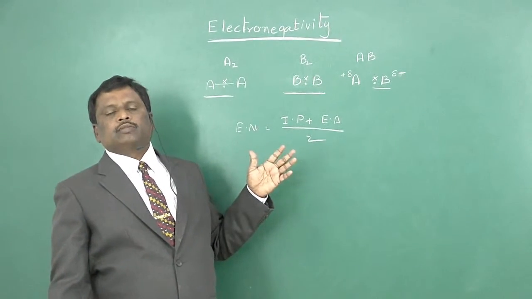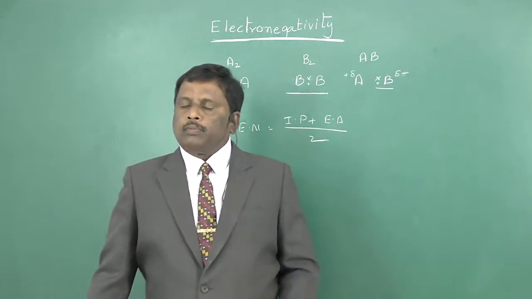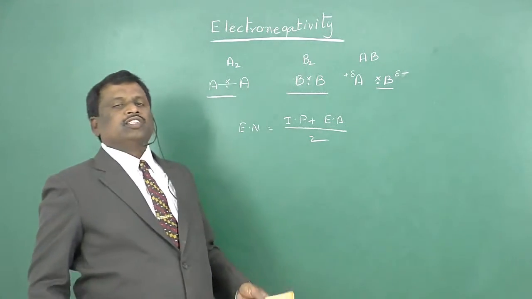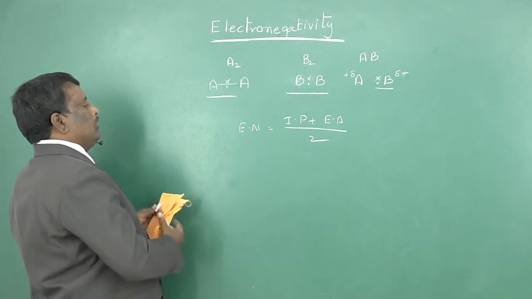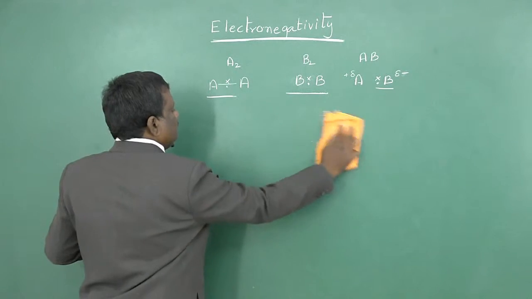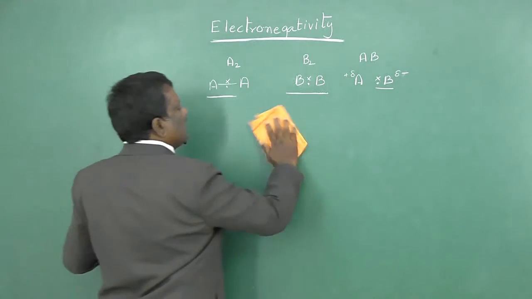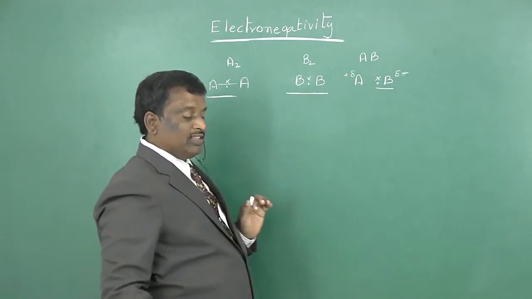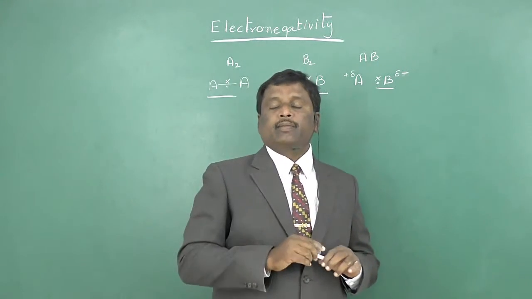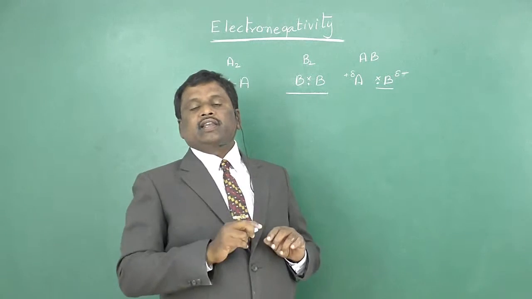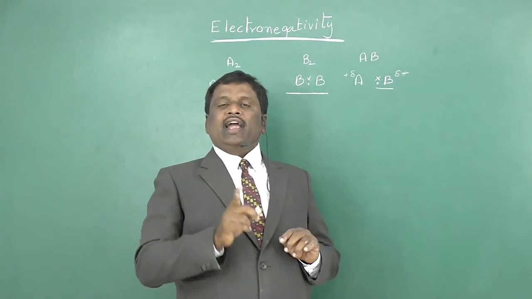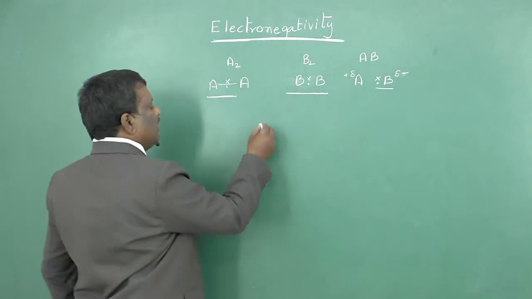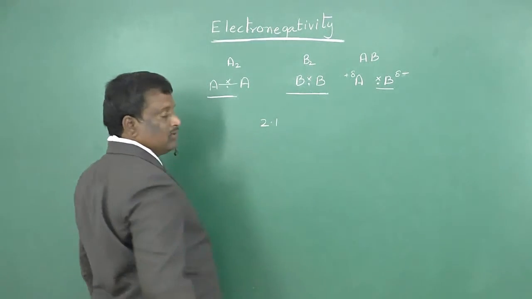For that purpose, Pauling proposed another method, which is based on the bond energies of atoms. For that, he took a reference element. He took hydrogen as the reference element, and he considered the electronegativity value of hydrogen as 2.1.